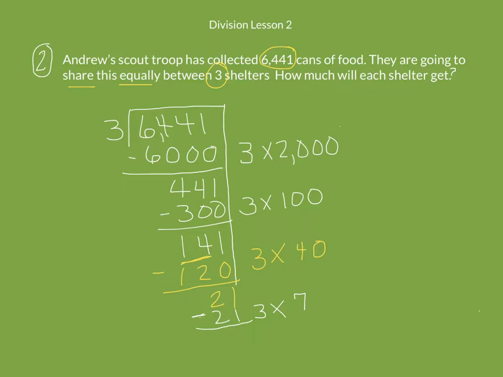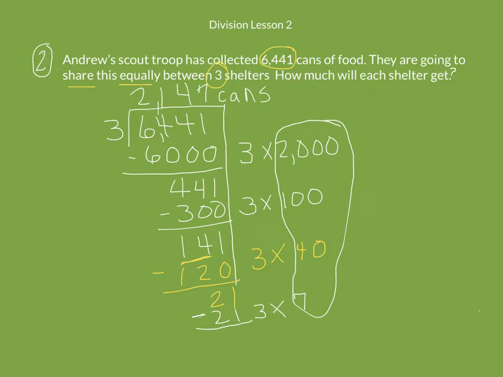So how many are in one group? Right there. So 2,000, 100, 4 tens, and 7 ones. So each shelter is going to get 2,147 cans of food. Whew, good deal.